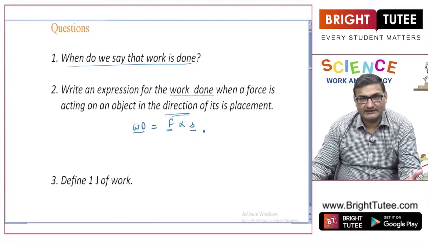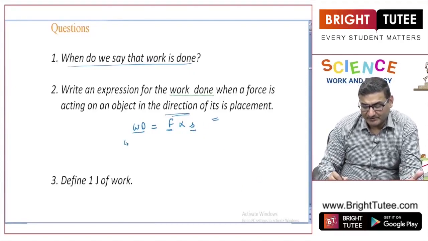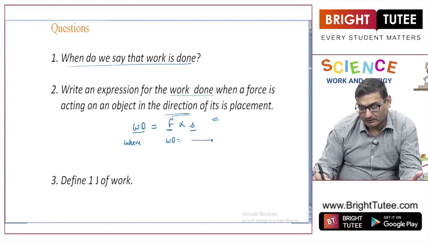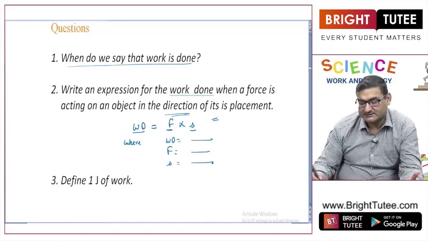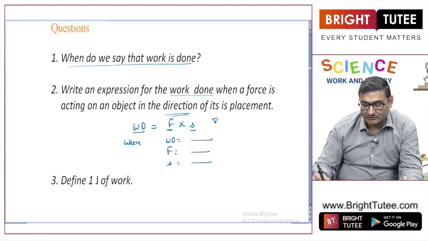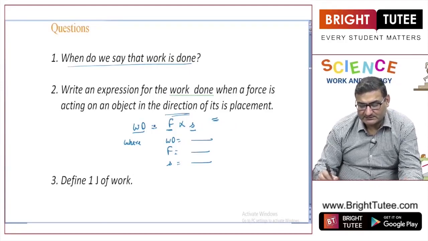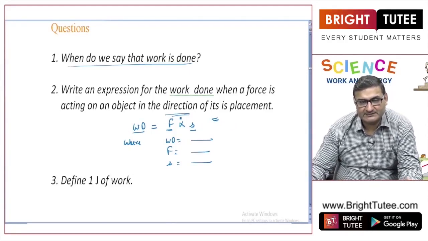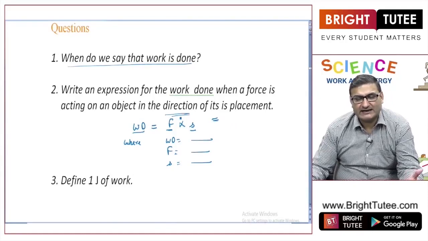You need to write it fully, because the examiner is not going to give you full marks for just writing WD is equal to F into S. The question arises as to what F is, what S is. You need to specify.